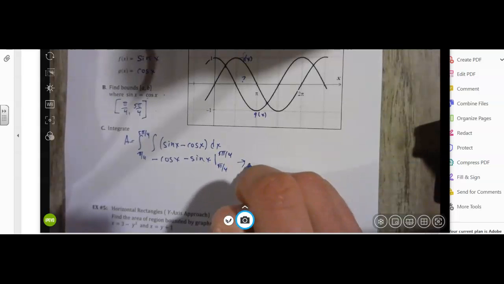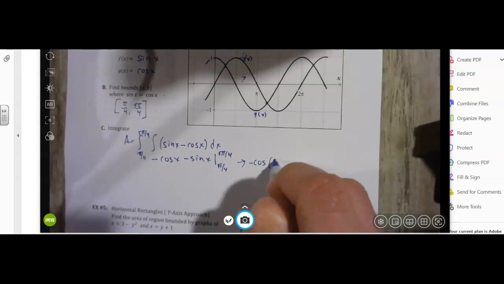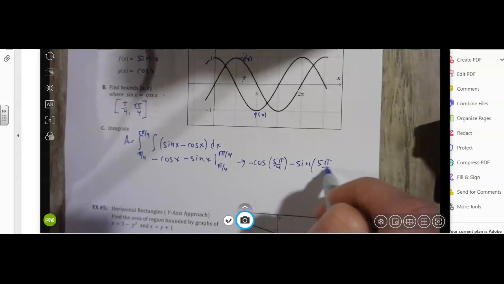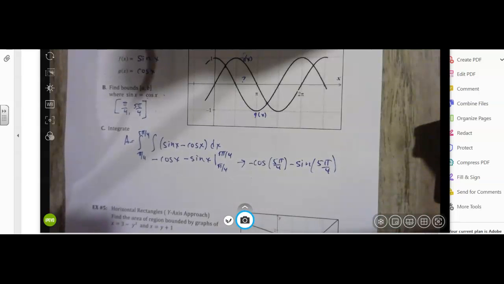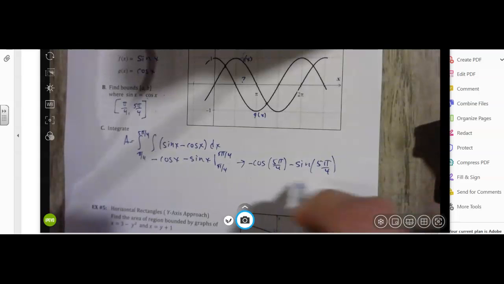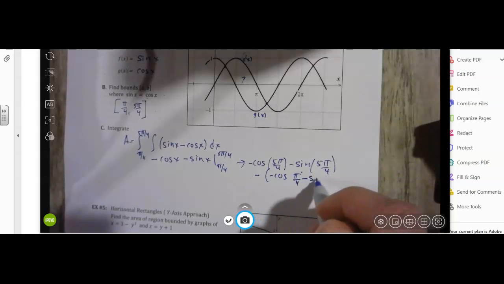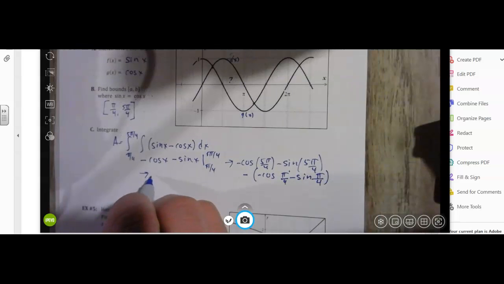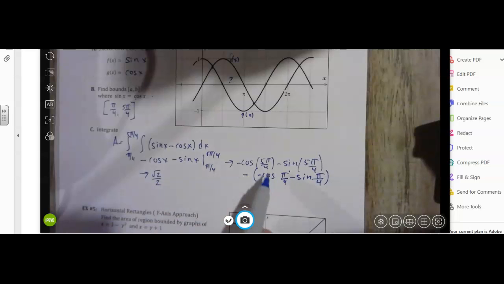So that'll give us negative cos 5 pi over 4 minus sine of 5 pi over 4, minus negative cos pi over 4 minus sine pi over 4, which should give us, correctly, radical 2 over 2, because cos in the second quadrant is negative, but then it's negative again, so it's positive.